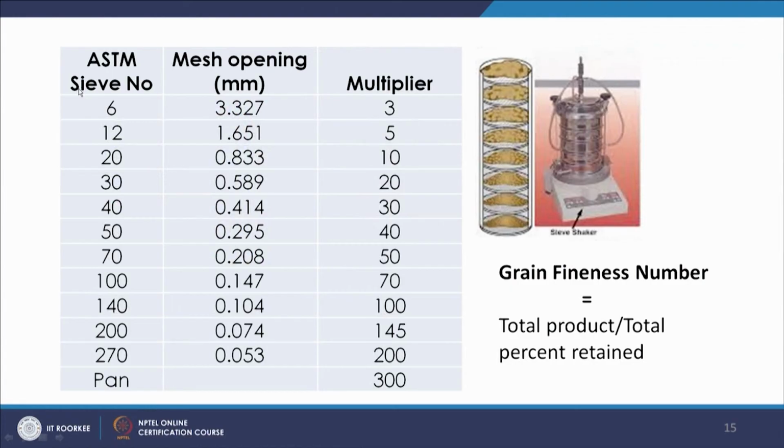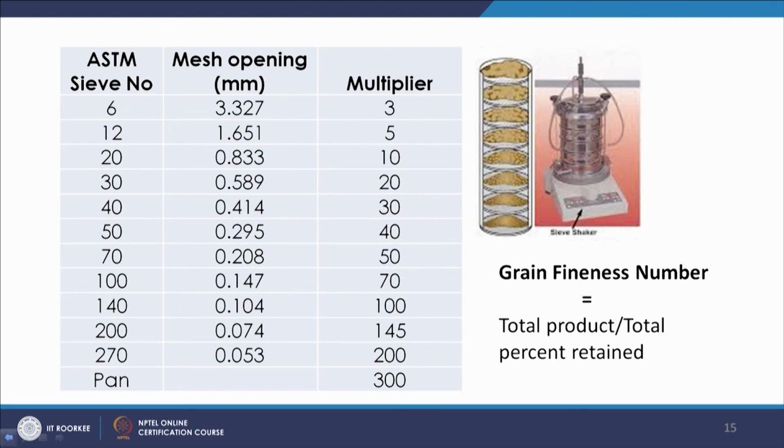Because you have the sieve as well as the wire, 6 together should come to 1 inch. Every sieve has a multiplier: this sieve has a multiplier of 3, this one has a multiplier of 5, and so on.